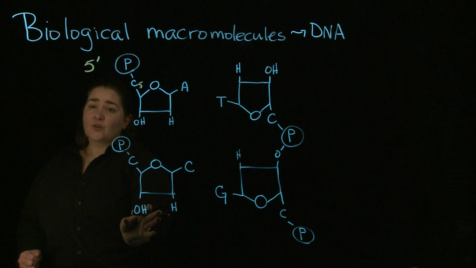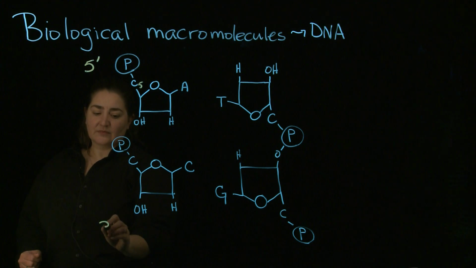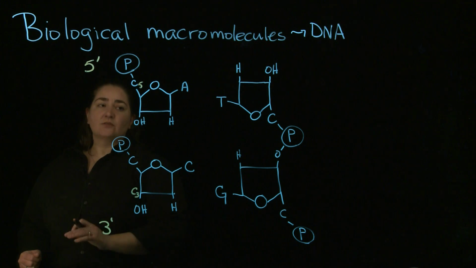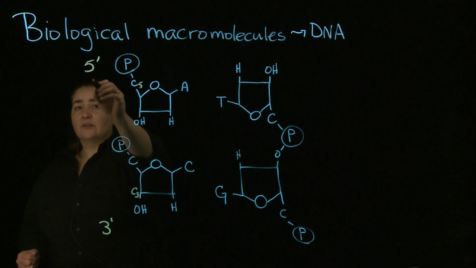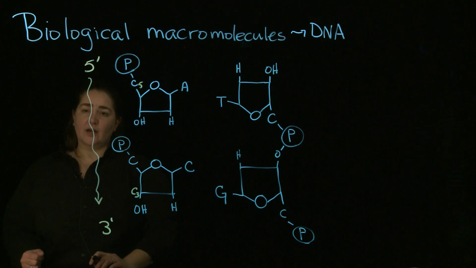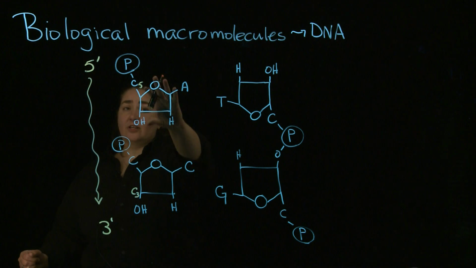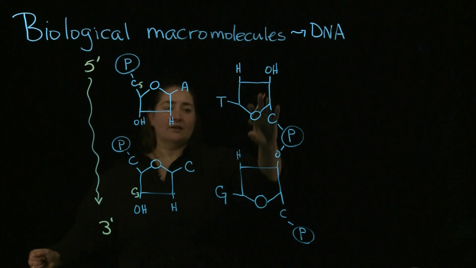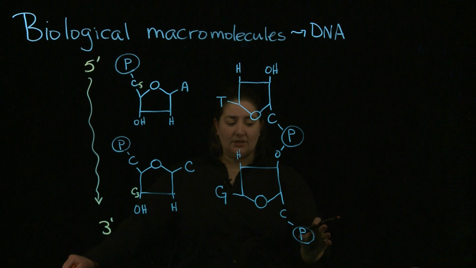Where we've got a hydroxyl group, remember, this was our 3' carbon. So this is our 3' end. DNA is going to orient itself in a 5' to 3' direction. So you can see I've got 2 nucleotides here and 2 more nucleotides over here.